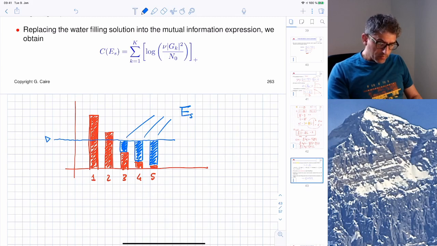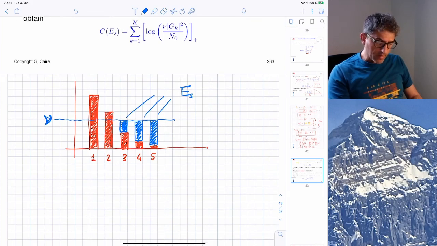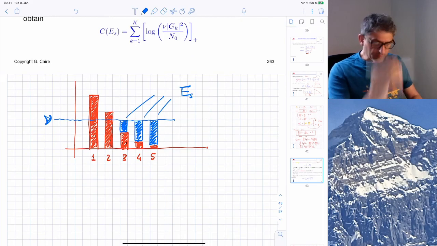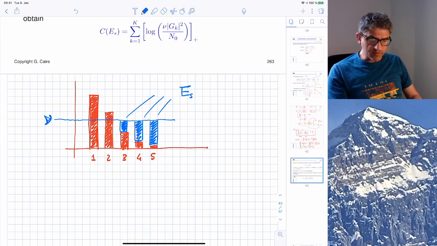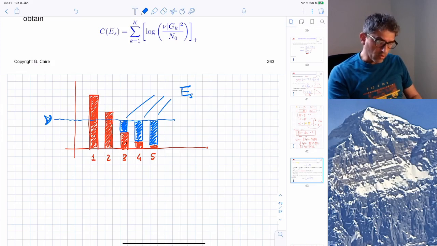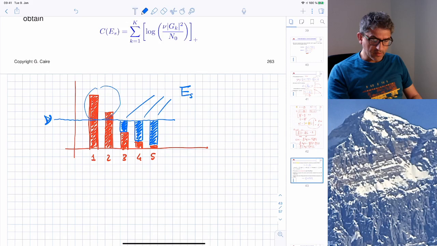And there are some channels for which it may happen that the difference is negative, which means that the red value is higher than this blue level nu. And those receive zero energy. So for all the emerged land here, out of the sea, the level of the sea, we have a zero energy allocation.